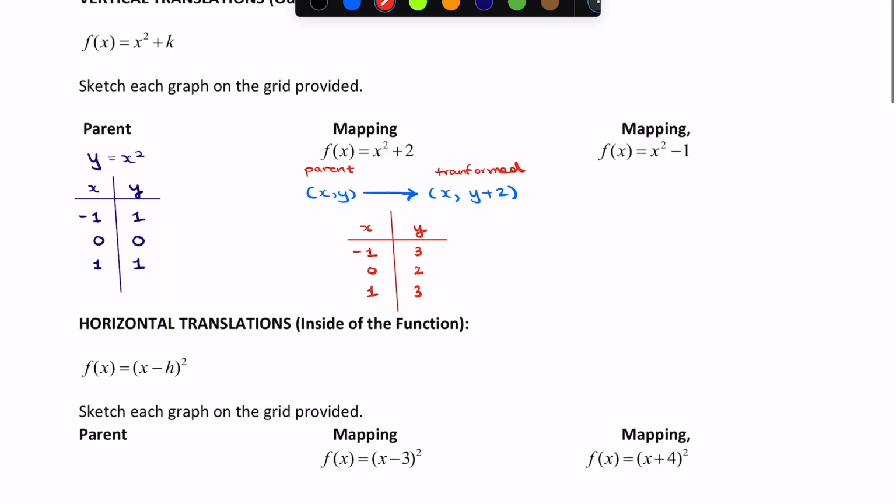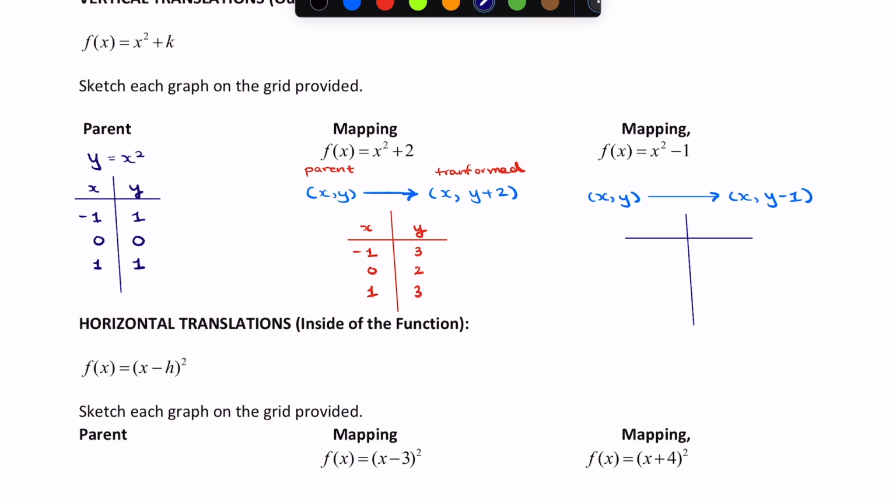Okay, so let's look at the next one. It's f(x) = x² - 1. Again, we have our original function and our points (x, y), and here we look at the transform function. The x value stays the same, but the y value goes down by 1, which is seen as y - 1.